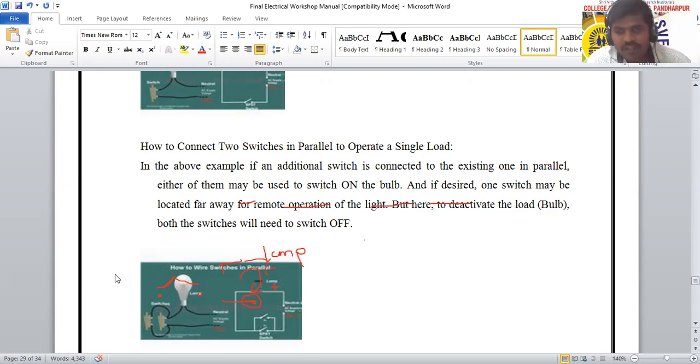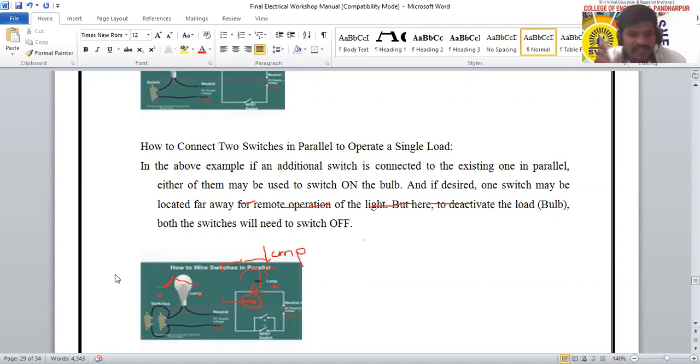Okay, so see, in the staircase type of wiring, when you are at the ground floor and you want to switch on the bulb, at that situation, while pressing the switch at the ground floor, the bulb will get on.